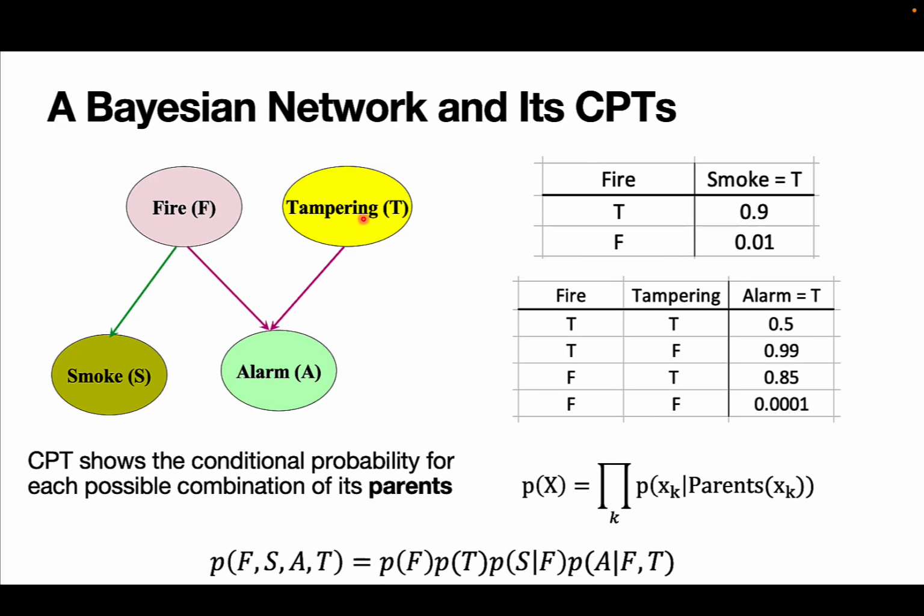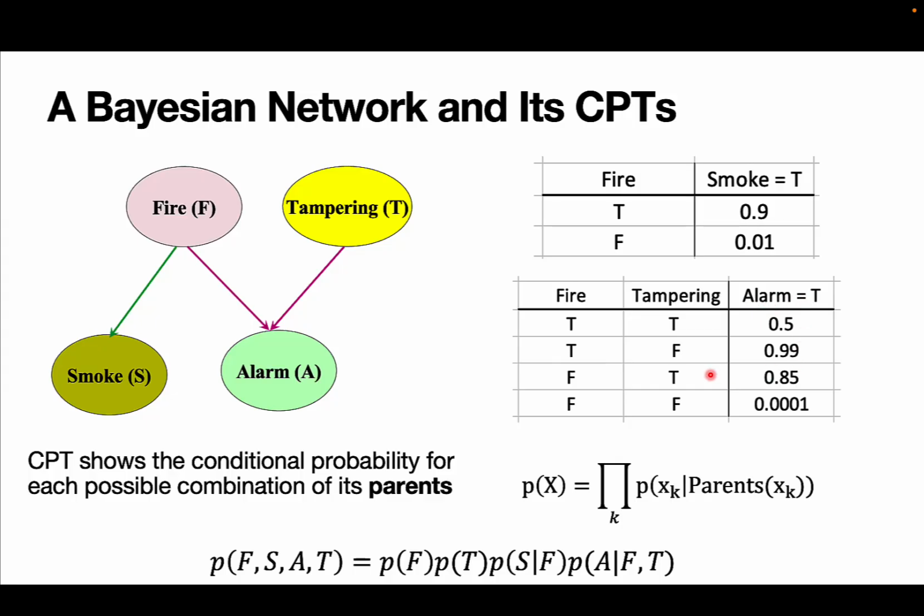That's why it's very useful to look at the conditional probability table and try to make sense of what's going on in this graph. An interesting observation: when tampering is true and fire is true, the probability of the alarm going off is not that great, 0.5. And as bad as it sounds, it seems that tampering is working, because even with the presence of fire, we're not getting a high probability for the alarm going off.